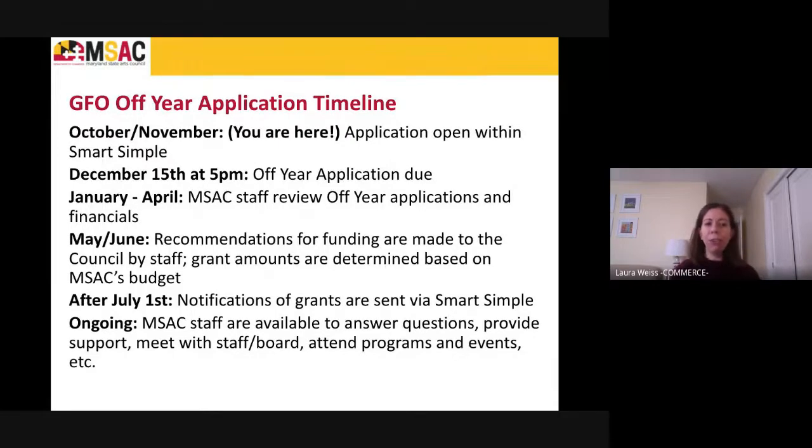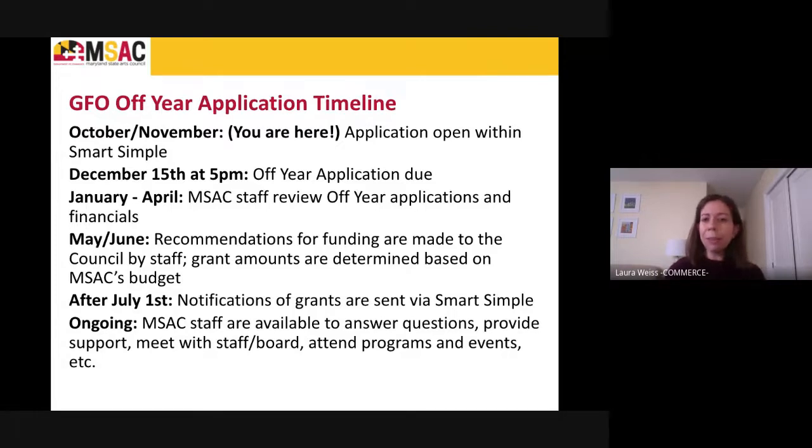In May and June, the recommendations for funding are made to the council by the staff, and the grant amounts are determined based on our budget. After July 1st, once we move into officially FY23, that's when the notifications of grants are sent via Smart Simple. That usually happens by about mid-July or so.